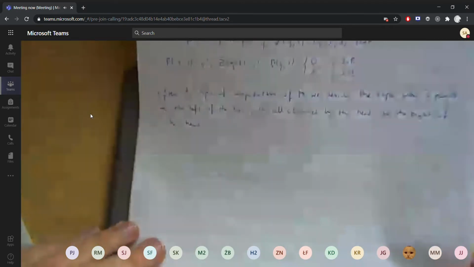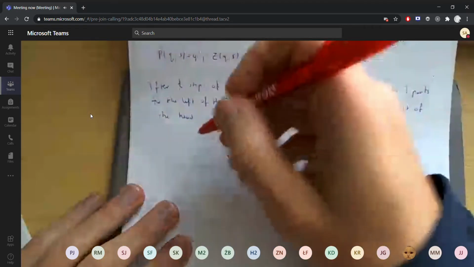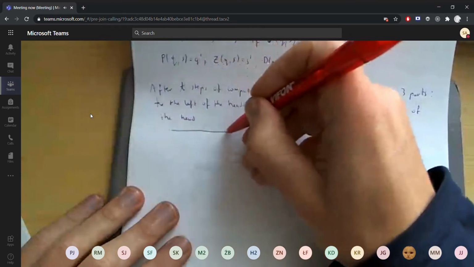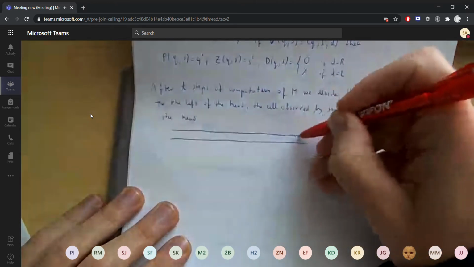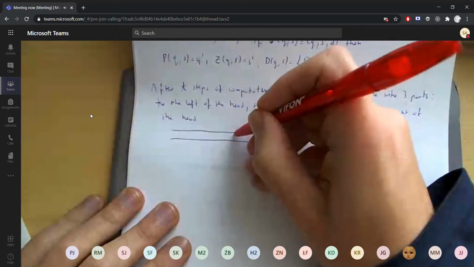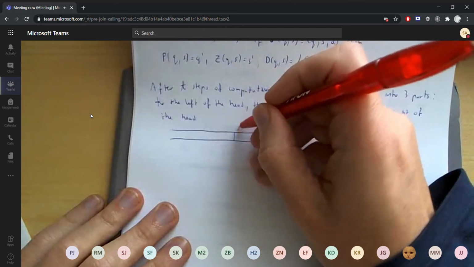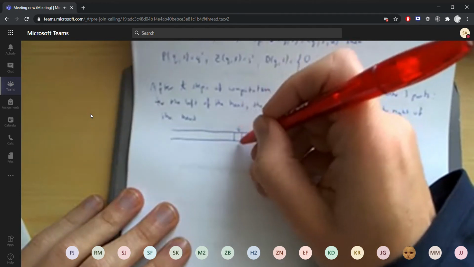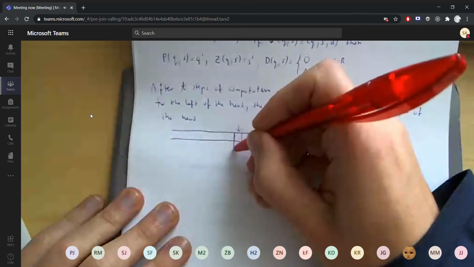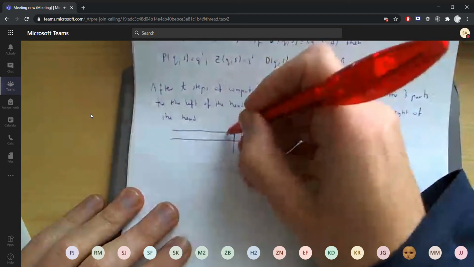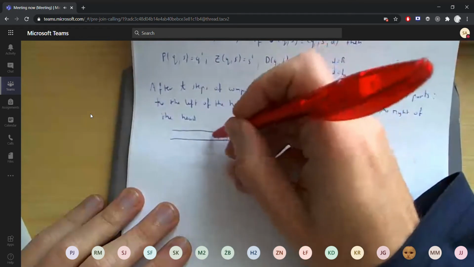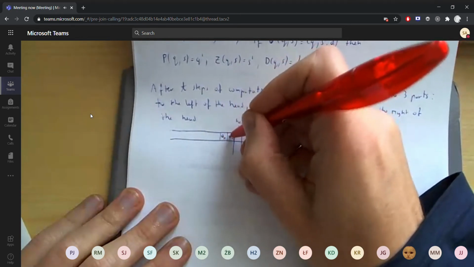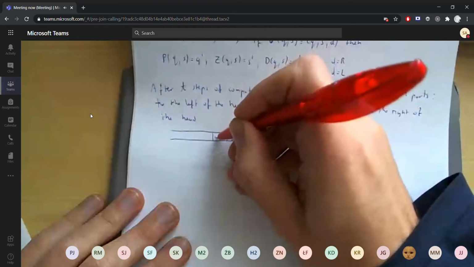Okay, so now I will try to make a picture. So this is the tape. For example, here is the cell observed by the head. So this is the head. A0, A1. I will denote the symbols here with A's.